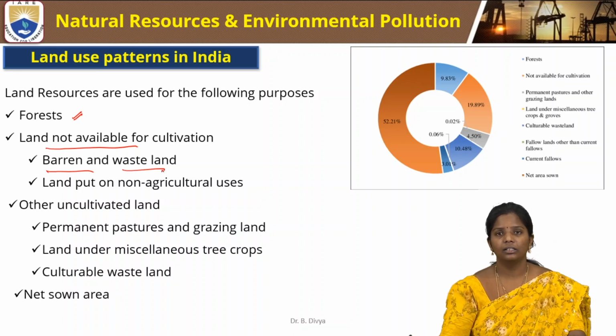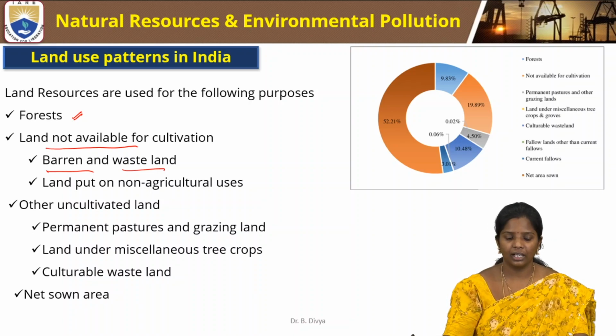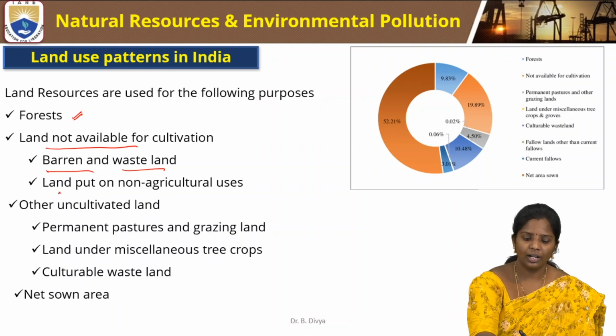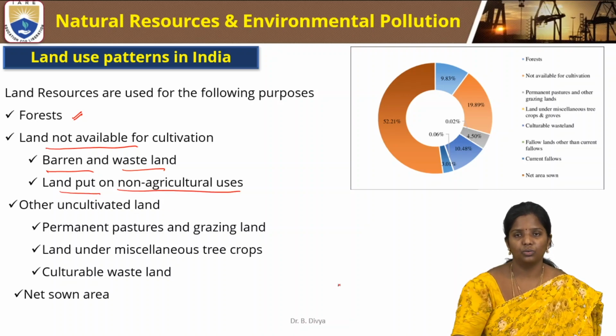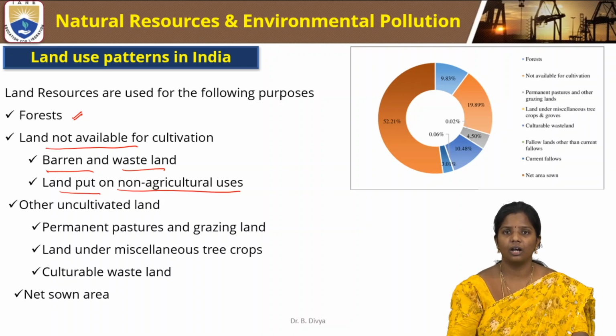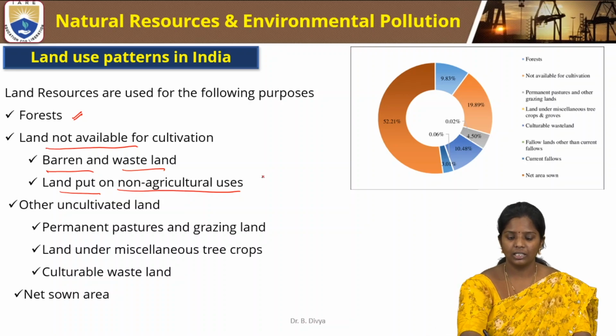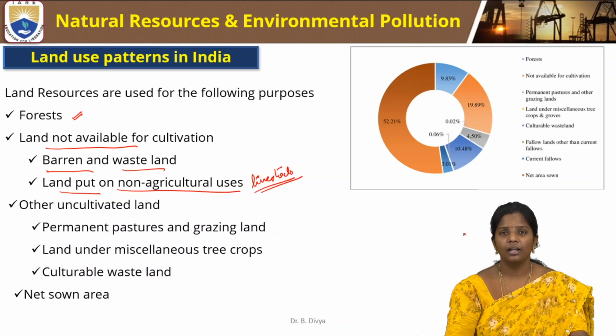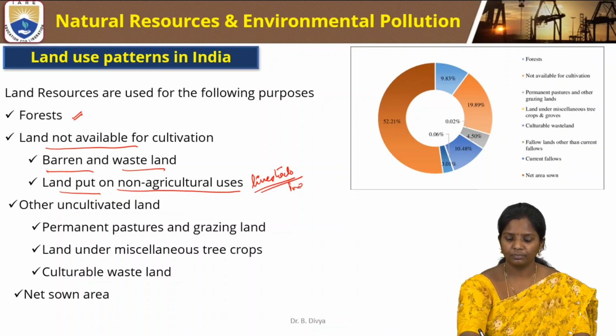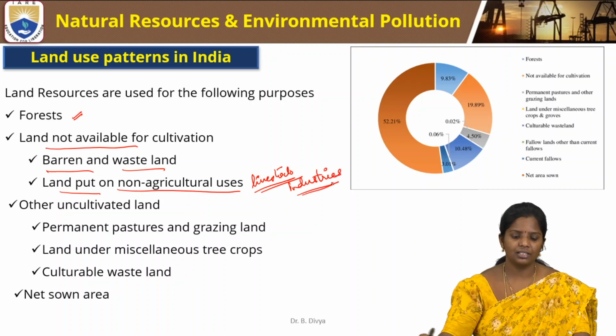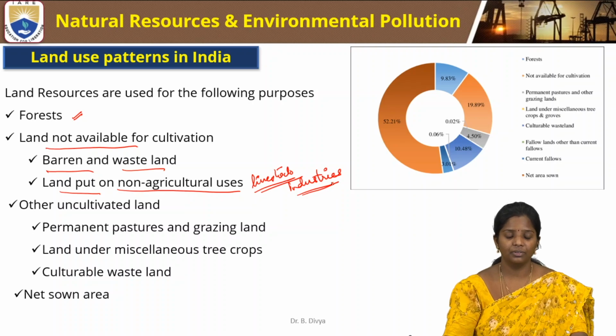It means the soil may not be fertile enough to cultivate, and there is also land put to non-agricultural uses. How are we going to understand this? For example, livestock or other farming comes under non-agricultural uses, and so do industries. So these are the different types of land that are available other than for cultivation.